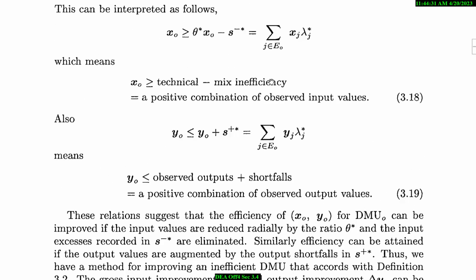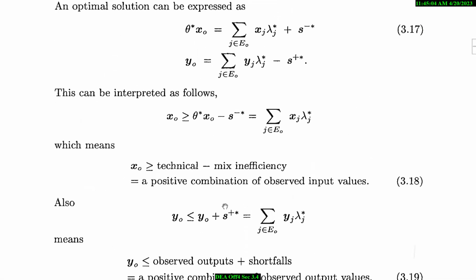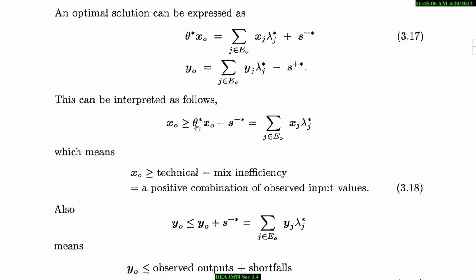Indeed, if we multiply theta star by XO, since theta star is less than or equal to 1, this is reducing the inputs radially, with the same ratio of theta star, and the input excesses recorded in s minus star are eliminated after reducing radially.